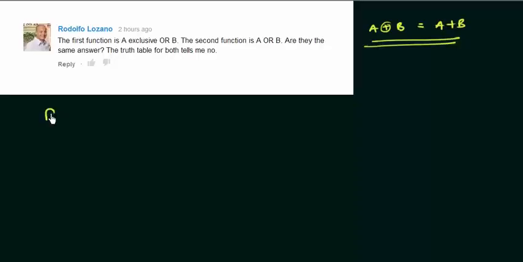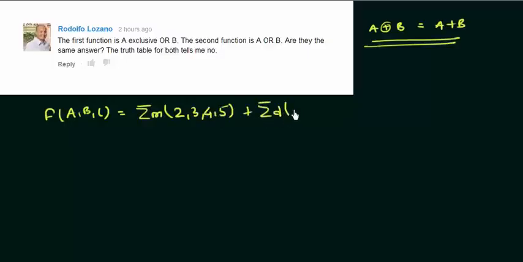So the function was f, with a, b, c as the variables, and summation m. The min terms are 2, 3, 4 and 5, and the don't cares are 6 and 7.